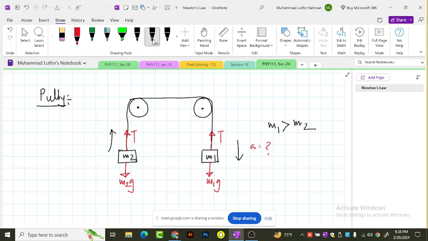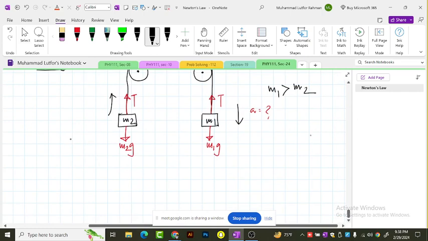Alright, so now we're going to find that acceleration. I'll write down Newton's second law. This time I'll do it one at a time. I'll simply write net force on each of these blocks should be ma. I'm going to write down simply the magnitude.